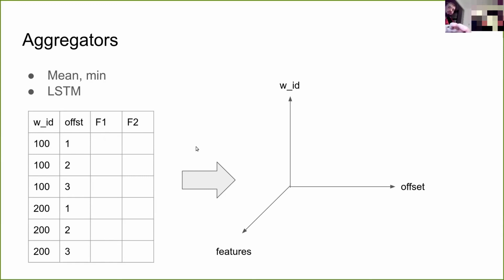And for that we just need to transform this data frame into a three-dimensional tensor. So word ID goes in one direction, offset goes in the other direction, and the features, so F1, F2, F3, F4, all the features we have, are another dimension. And then we can get this tensor, feed it right to the LSTM network we can install in our network, and we will get these features for more or less free.